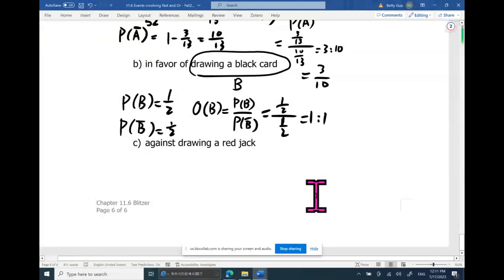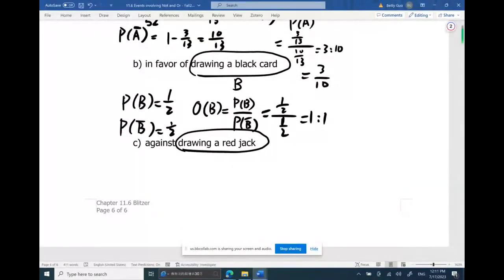Part C, the odds against drawing a red jack. Let me use C to represent the event getting a red jack. Let's find out what is the probability of C and what's the probability of not C. We have 52 cards. How many of them are red jack?